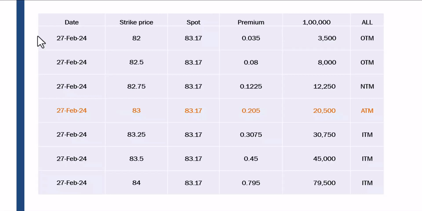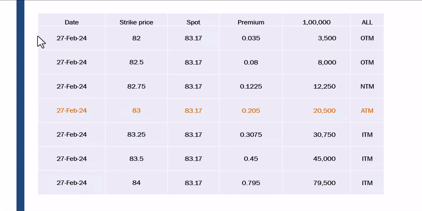Now what happens depends on the strike I choose. If I choose 82, which is out of the money, the current price is 83 rupees 17 paisa. It will be in the money when the rupee depreciates.